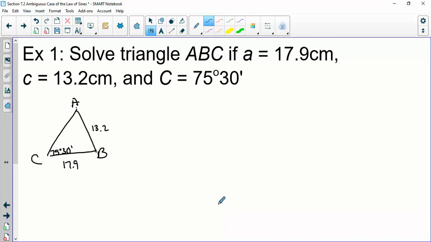So if I were going to set this up, our law of sines, we know we take any two at a time. I would have to start in a very specific place. I have both the angle and side for C, so I would have to use that. What would I have to find first here? Yeah, I have no information about B. I don't know the angle or side, so we have to start with A.